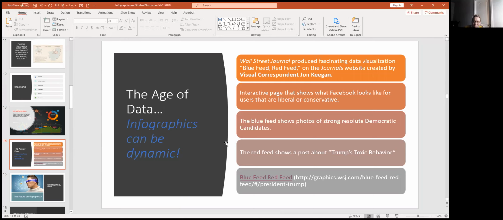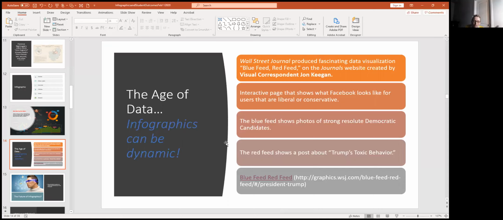There's an interesting way in which the Wall Street Journal is using infographics. They produced a fascinating data visualization, the Blue Feed, Red Feed, on the Journal's website, created by a visual correspondent, John Keegan. It has an interactive page that shows what Facebook looks like for users who are liberal or conservative.